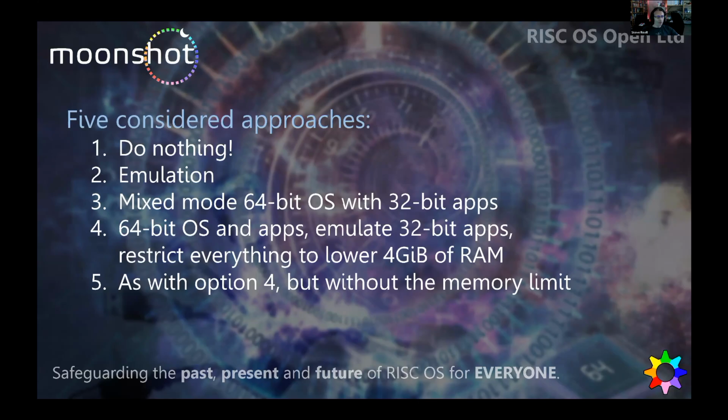The third one is not quite emulation. It's basically you convert RISC OS's operating system, the core kernel, into 64 bits. So you still work on that side of the operating system. And you leave all of the applications and everything else as 32-bit. I don't know if I said the operating system should be 64, but I meant 64.